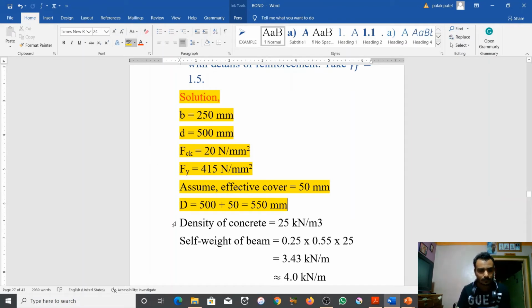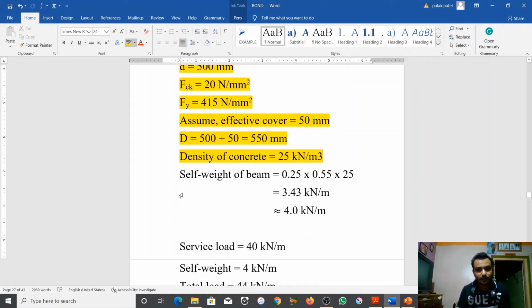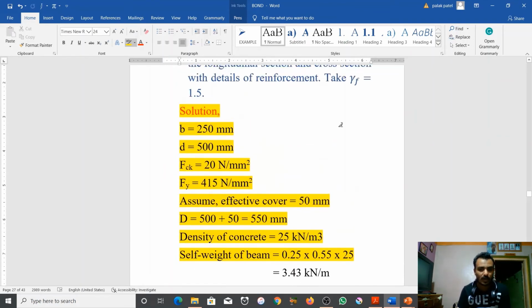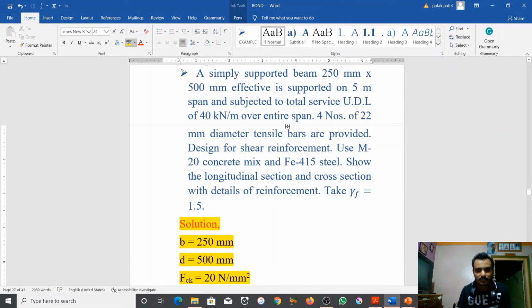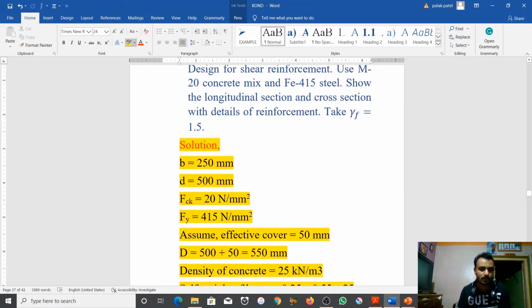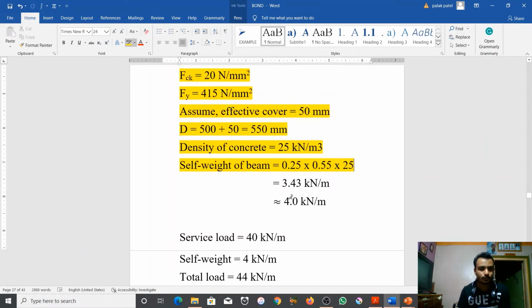Then second one is density of concrete, 25 kilonewton per meter cube. We have to find out the self weight of beam. Why? Because only the total service UDL is given, so we have to add the self weight of beam. So 0.25 is the width of beam into 0.55 is the overall depth of beam, multiplied by 25, the density of concrete.